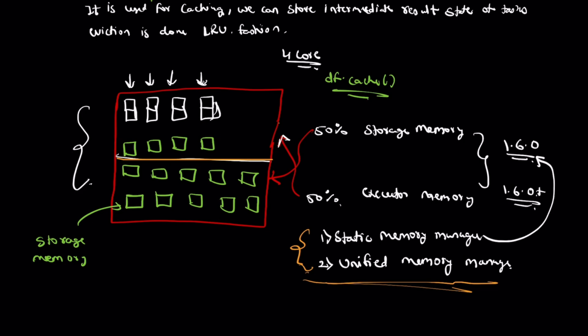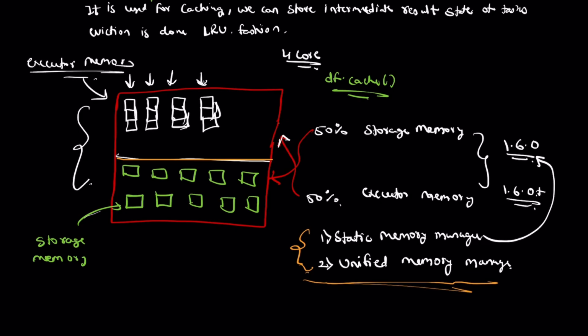And then again, the executor memory is full. Now again, the storage memory has to be evicted. So it will be evicted, and that's how we will again utilize the evicted memory, and it will keep on happening till the point where both storage memory and executor memory are utilized.